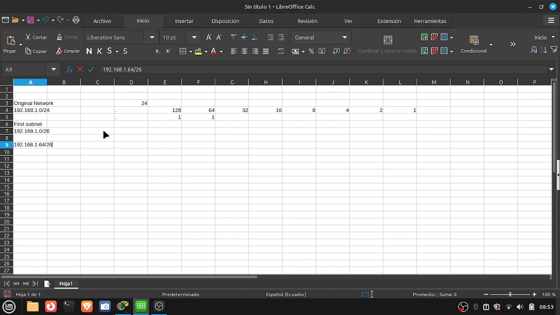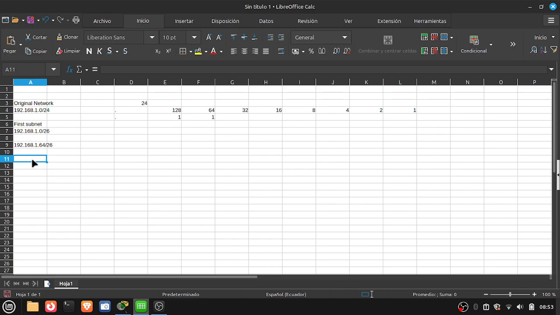192.168.1.64/27. Our netmask never changes here, because we are not using variable length, but in the next lab we are going to do that. Not now. And what is going to be our third subnet?